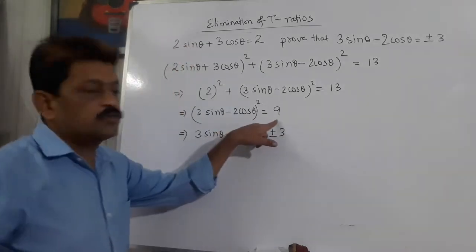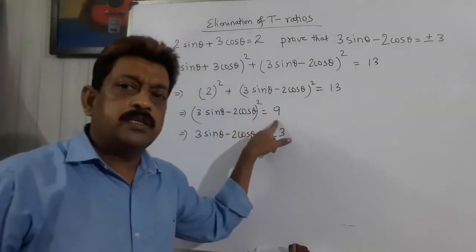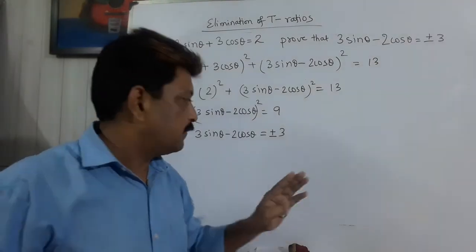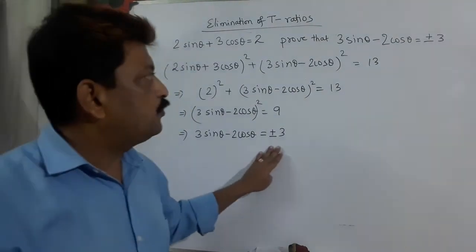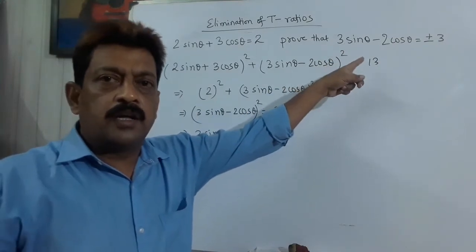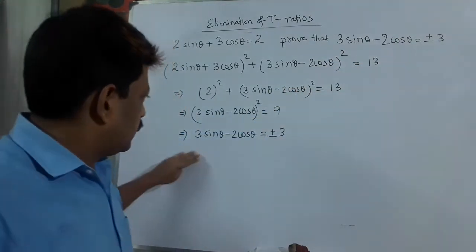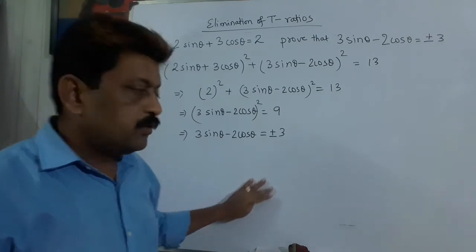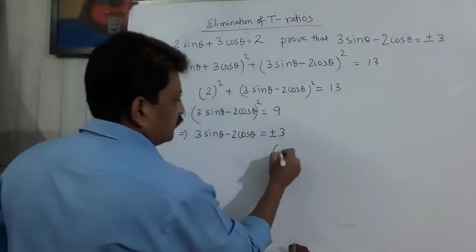We have to find the square root of 9, and the square root of 9 is plus minus 3. So that is the proof we have to do. We have to prove that 3 sin theta minus 2 cos theta equals plus minus 3, and we have got it. Therefore we can write proved.